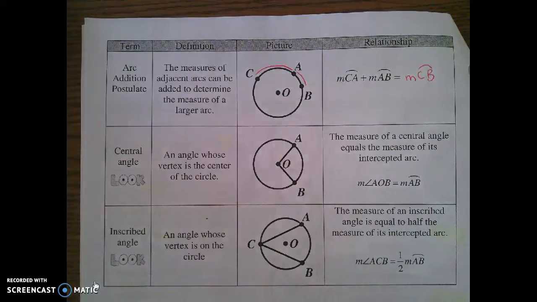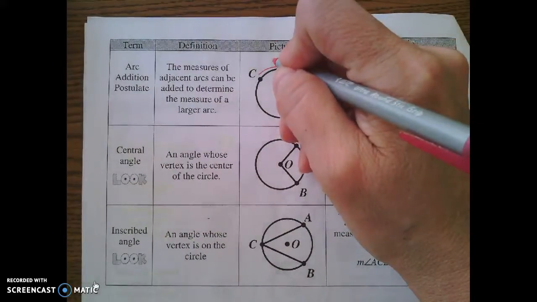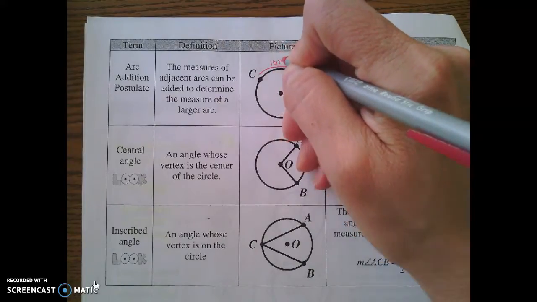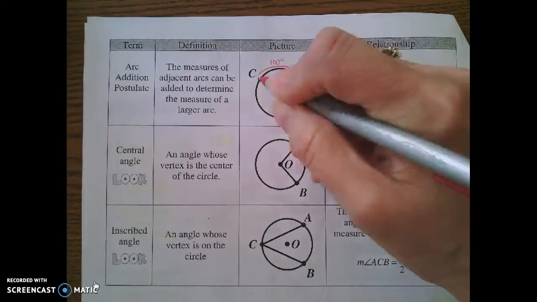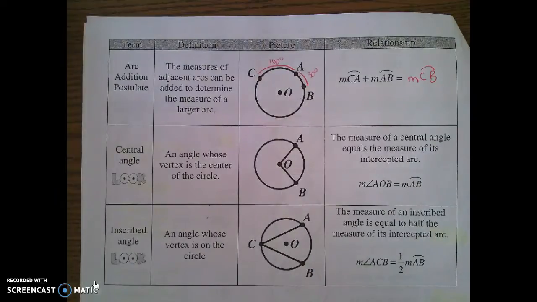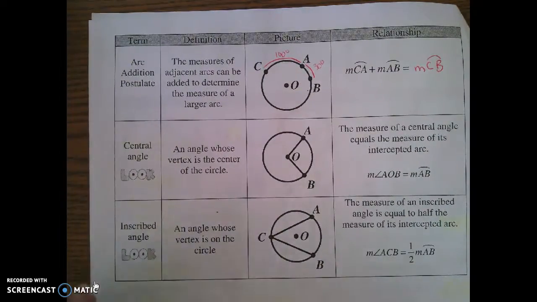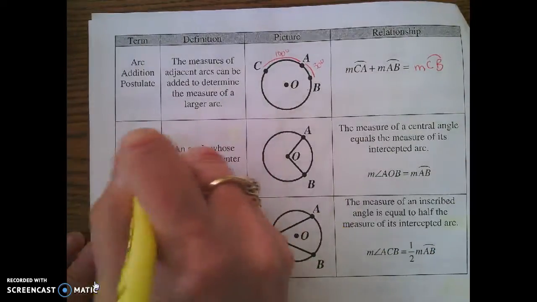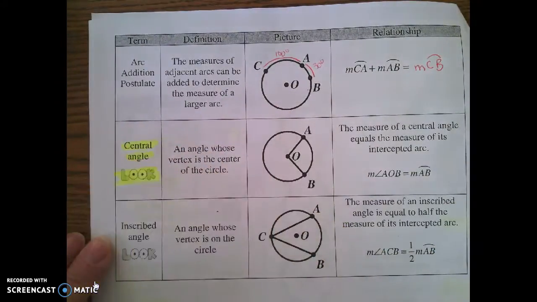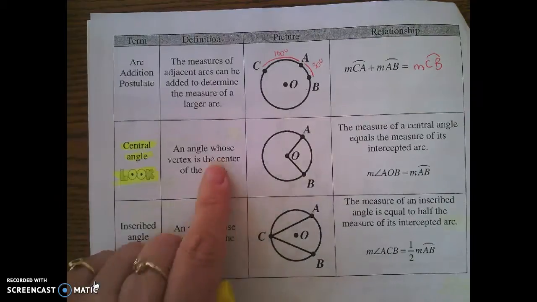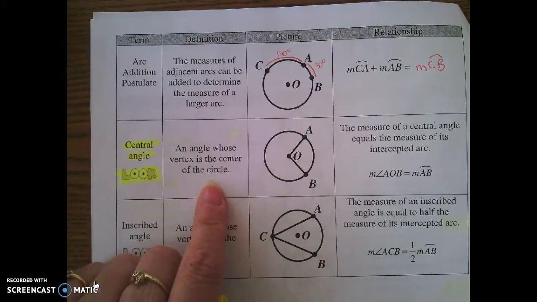So you can add arcs, you can also subtract arcs. So if this was, I don't know, let's say 100 degrees, and this one was 30 degrees, arc CB would measure 130 degrees. Okay, next very important topic in this unit is central angles. It's an angle whose vertex is on the center of the circle.